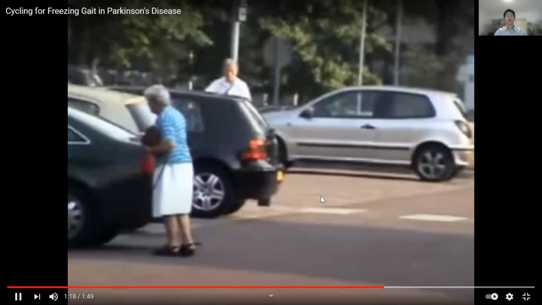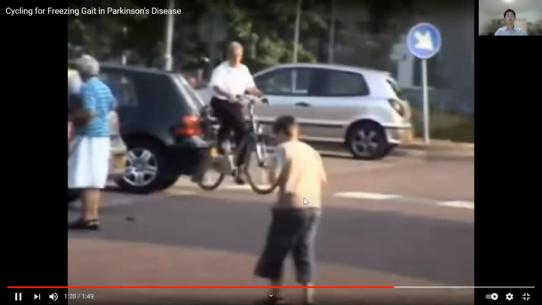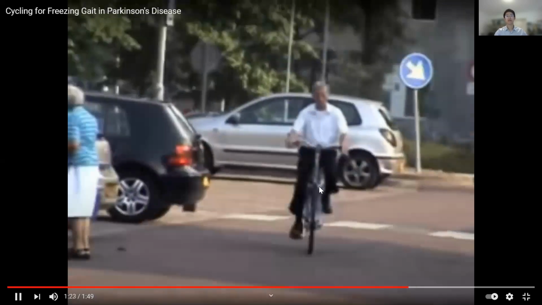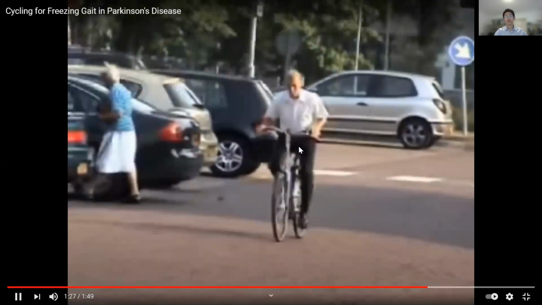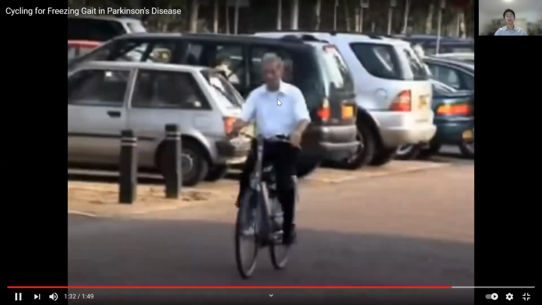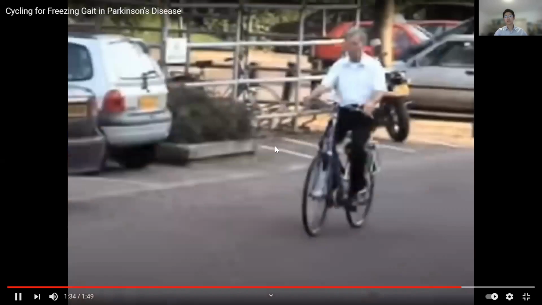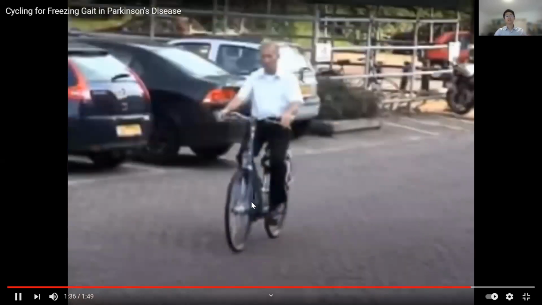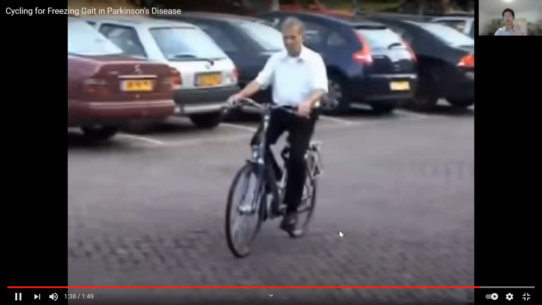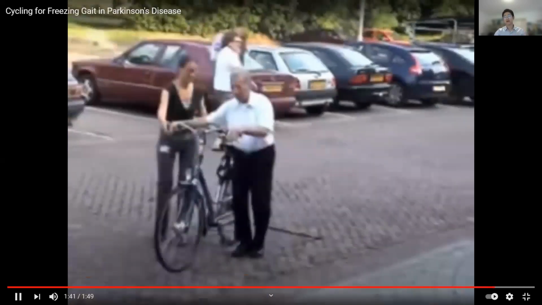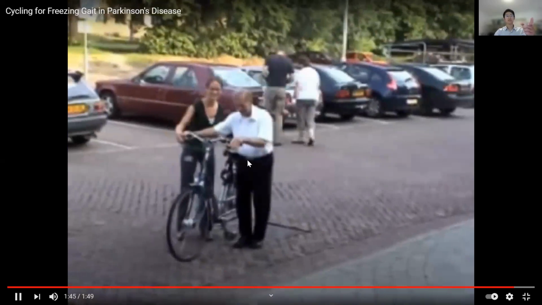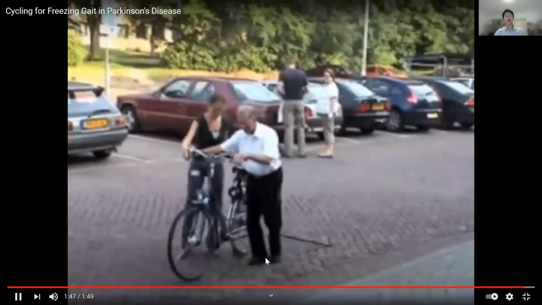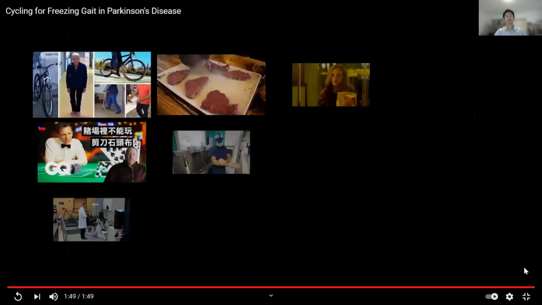Maybe I will let you think about why it could be like this. One possibility is that once this patient hasn't started the bicycle, the experimenter has to push him to start. And once he starts, okay, let's see here. You see once he stopped, he cannot move again, so he will freeze at the same place.